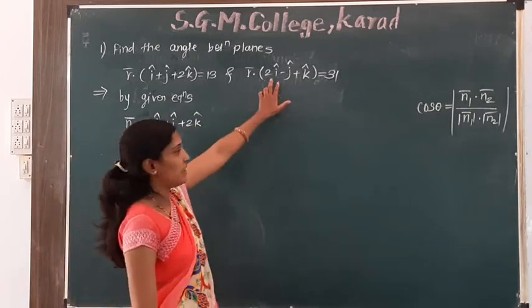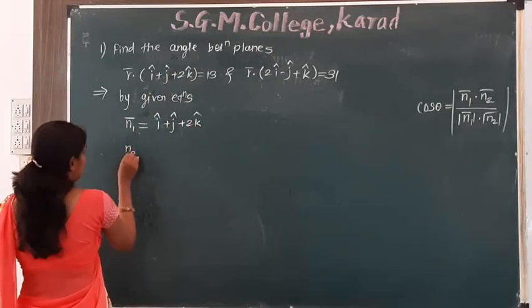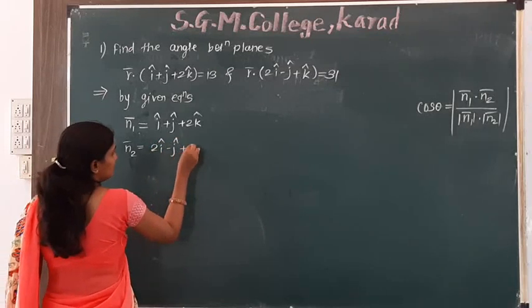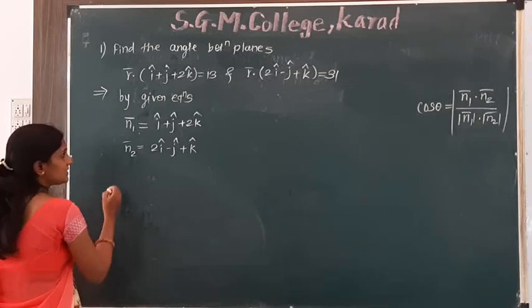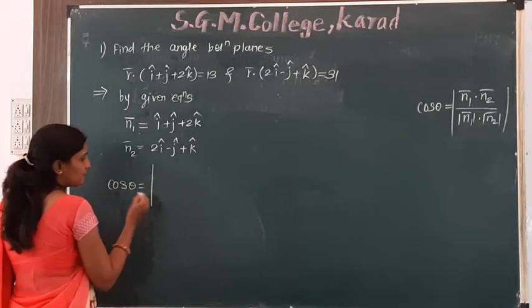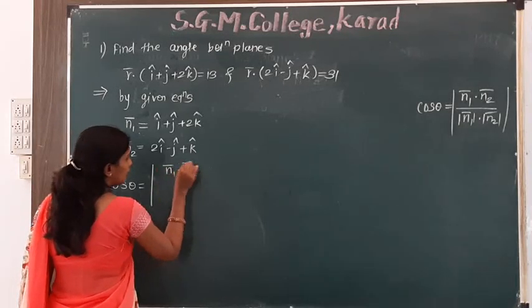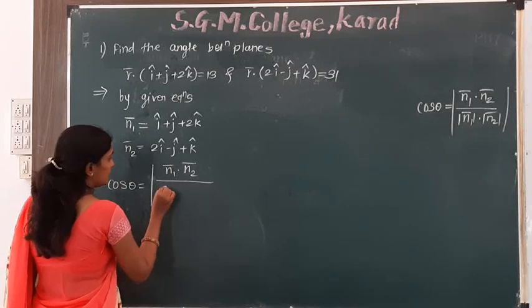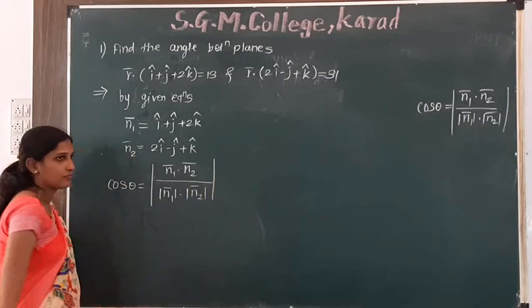What is n2 bar? Normal to second plane, that is 2I cap minus j cap plus k cap. Now our formula is that cos theta is equal to mod of n1 bar dot n2 bar divided by mod of n1 bar times mod of n2 bar.